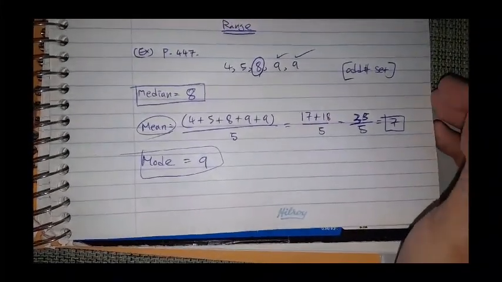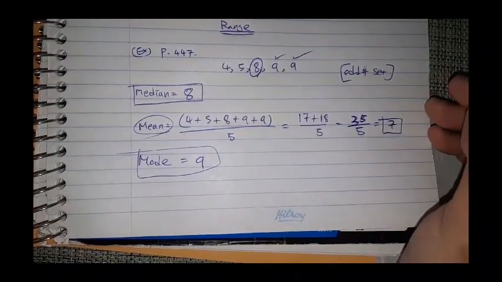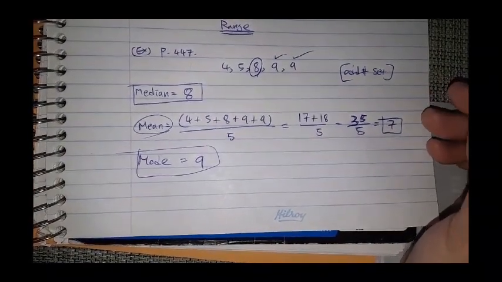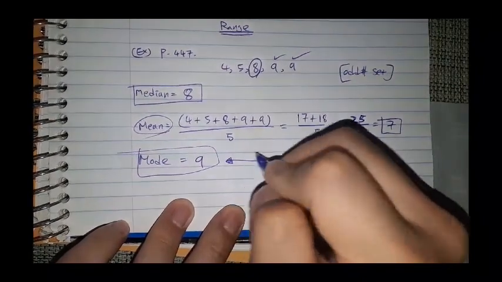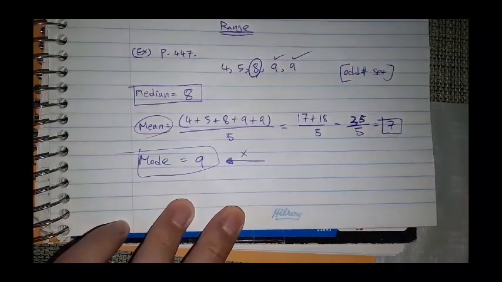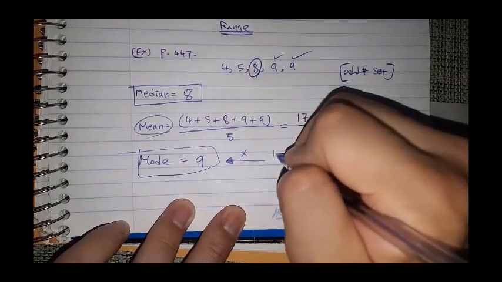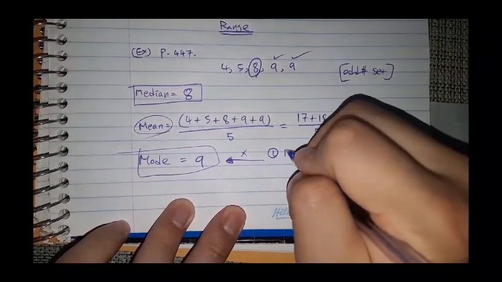Now let's figure out which one is not suitable, and we're going to put some rationale in here. Mode is not the best method. There are a few reasons. One of the reasons is it's only repeated twice.